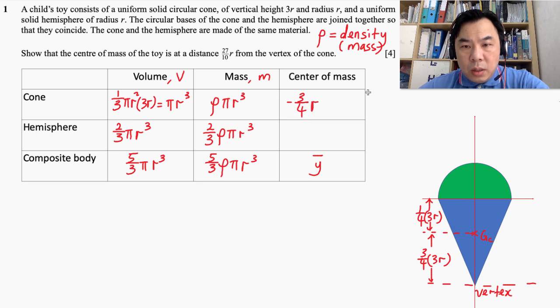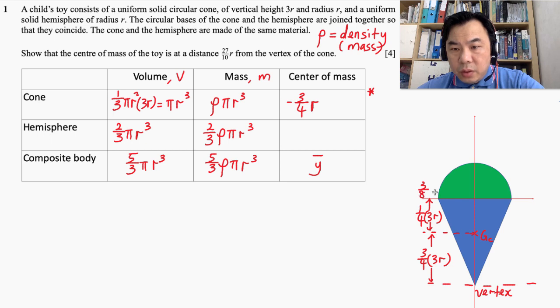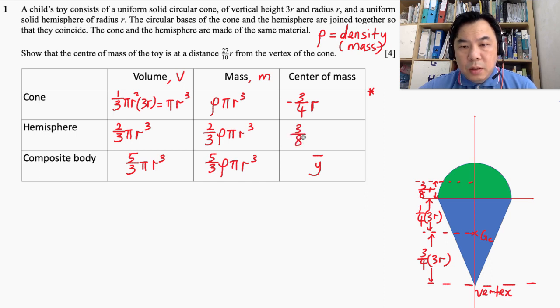That is the only thing you need to pay attention to if you set your reference frame in such a way. Okay, and then the center of mass for the hemisphere with respect to the center, which is 3 over 8. We have referred to the data booklet previously. Okay, so this is 3 over 8 here. So that is very direct. I just need to put that in.